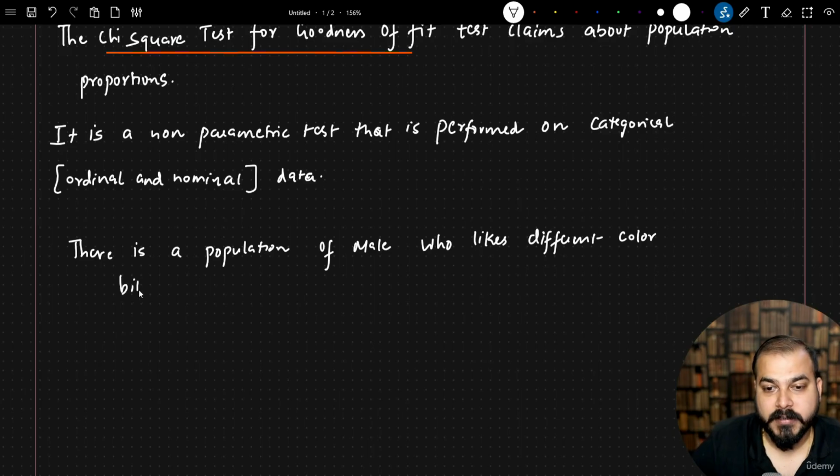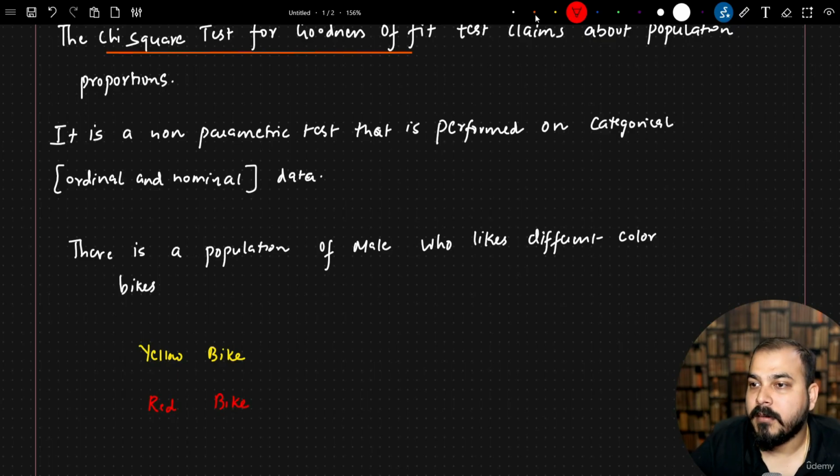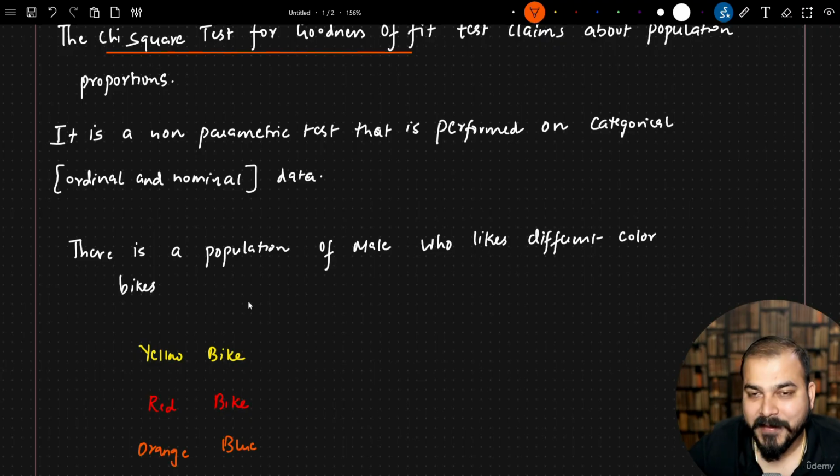Let's say there are bike colors: this is a yellow bike, this is a red bike, and let's say there is an orange bike. I don't know whether this color exists or not for bikes, but let's see.